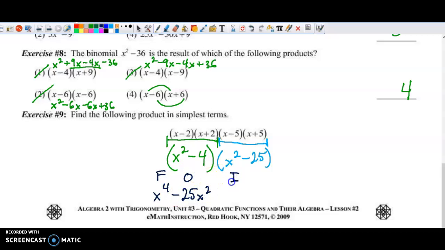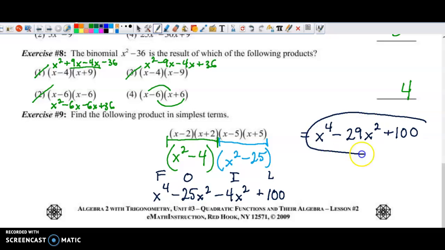The inside is negative 4x squared. And then the last term, you don't need to calculate. If you have 4 quarters, you made $1, and it's positive, a negative times a negative. And I would strongly encourage you to rewrite this. Negative 25 minus 4 is negative 29x squared plus 100. And you should be ready for the homework now.